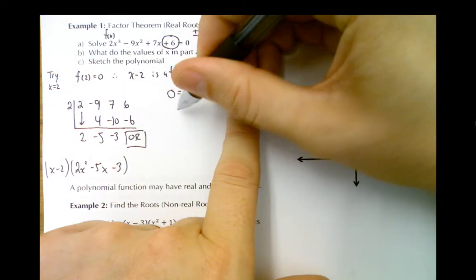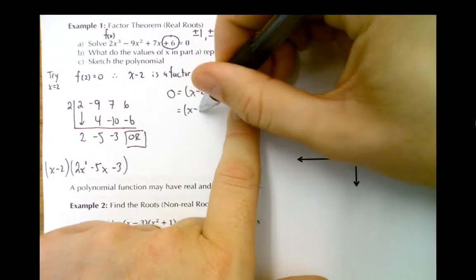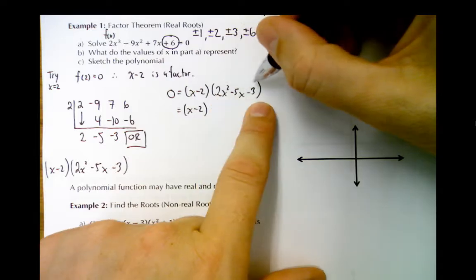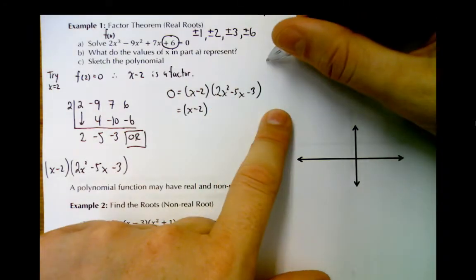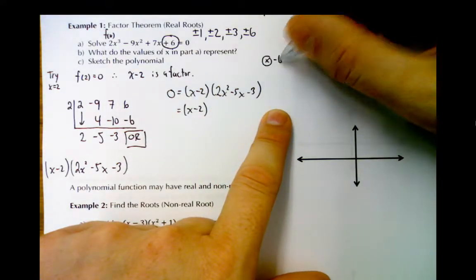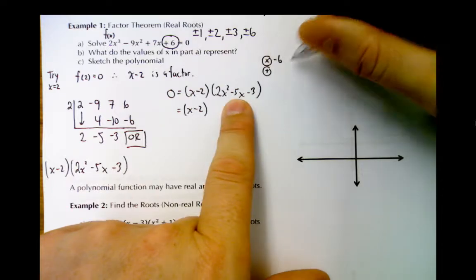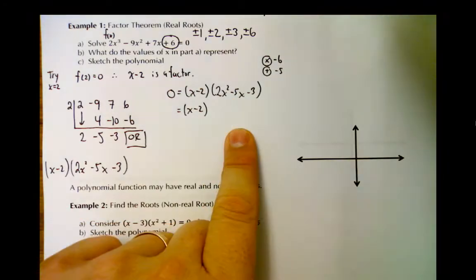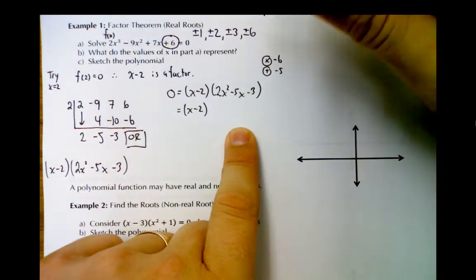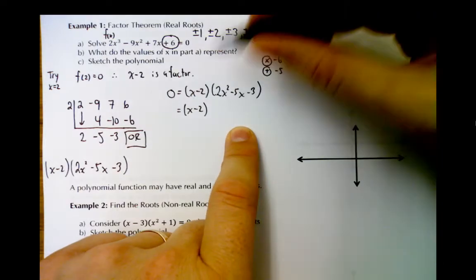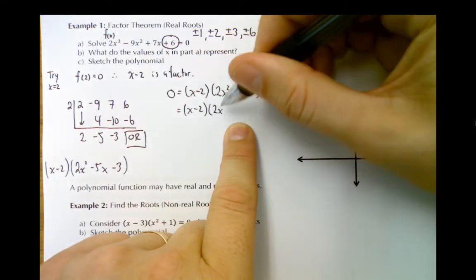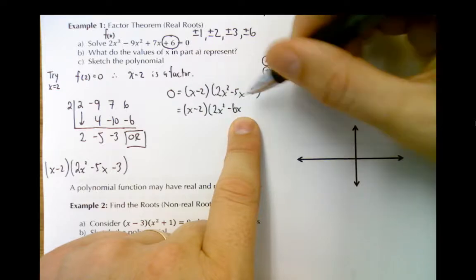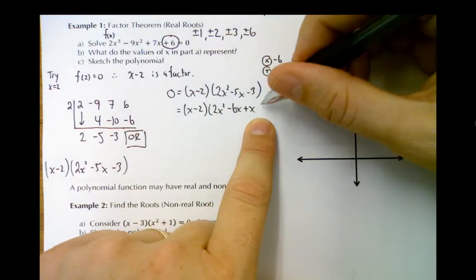And if you remember, to use decomposition, you take a and c, or 2 and negative 3, multiply them. So that means we're looking for numbers that multiply to negative 6 and add to negative 5. Numbers that multiply to negative 6 and add to negative 5 are negative 6 and 1. So we break down our middle term into negative 6x and positive 1x.